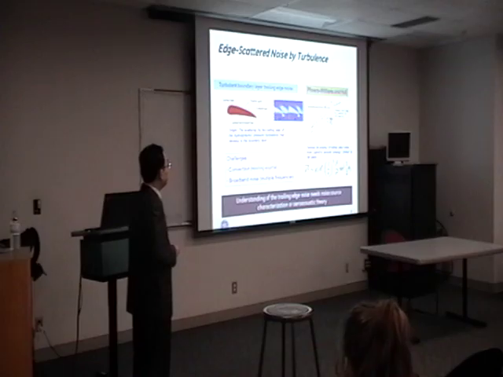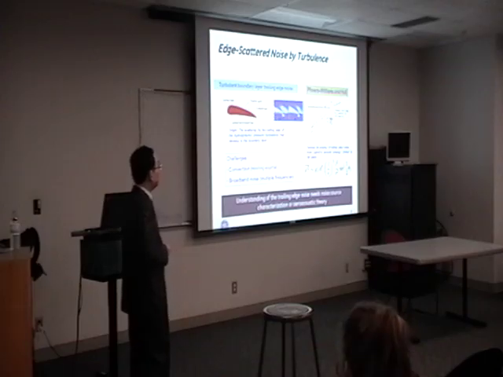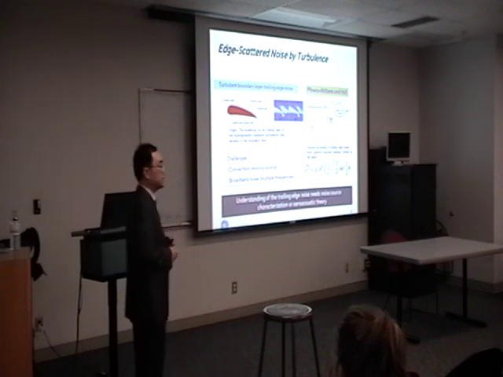And Ffowcs Williams and Hall derived an analytic solution for this type of problem. They used a simple model of the turbine blade here. They used an infinitely thin plate as a scattering body, and they calculated acoustic energy by the scattering by the edge. It's not exactly the same problem, but it gives some insight into the physics.